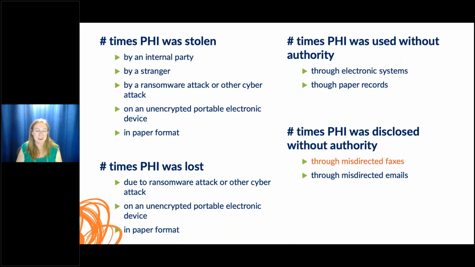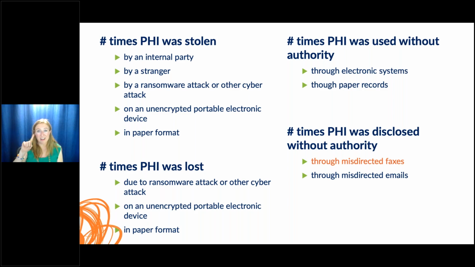I've highlighted there for you through a misdirected fax, because most of the privacy breaches we hear about in Ontario relate to misdirected faxes. If you don't have a hit, you've had none of these privacy breaches in a year, you do not have to file a report with the Privacy Commissioner's office.